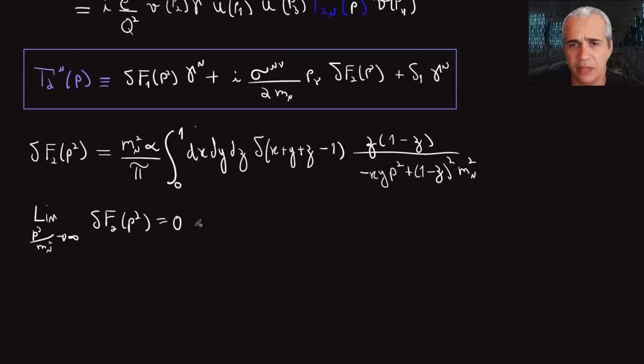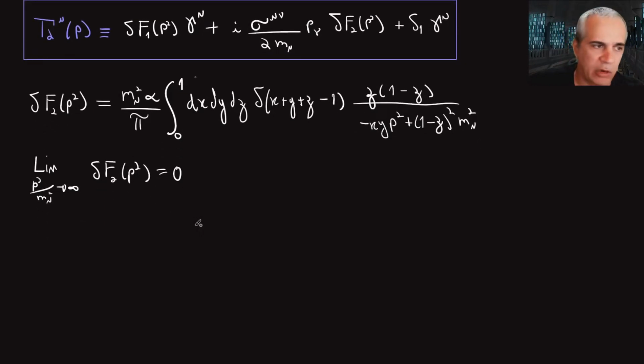Now, delta F1 was calculated in the last few videos using dimensional regularization, which is okay. We could go forward with dimensional regularization, but the thing is, dimensional regularization kind of obscures the scales a little bit. It's not very clear where the UV and the infrared scales are.